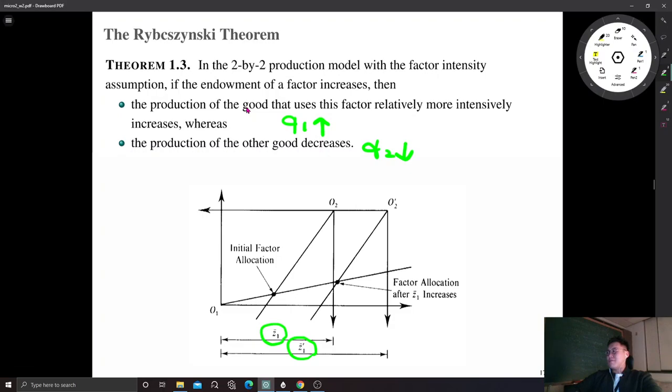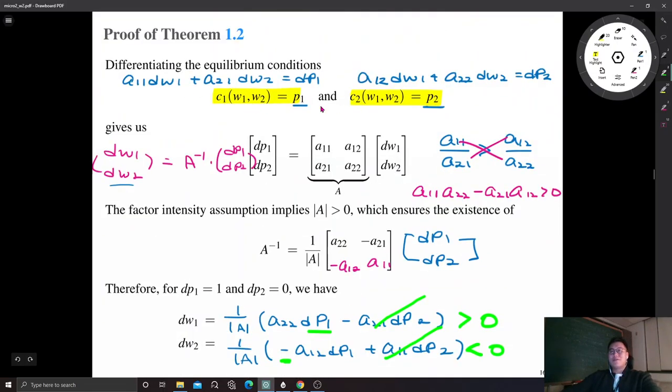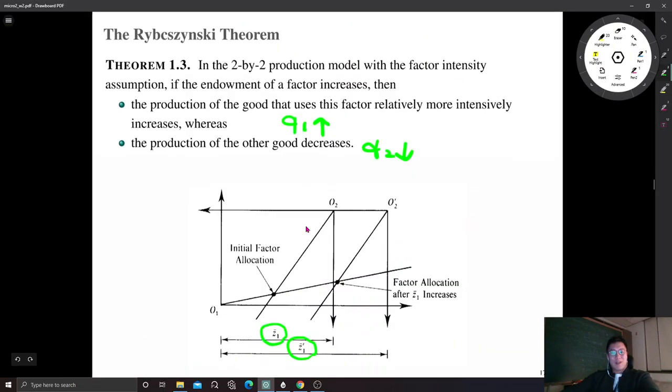And what about your input prices? Remember, input prices are determined by these two conditions, right? And these two conditions are independent of the total endowment. So we can work with the same ray from the origin, because this ray is determined by just the input prices. But there is no change in input prices. So there's no change in the ray.